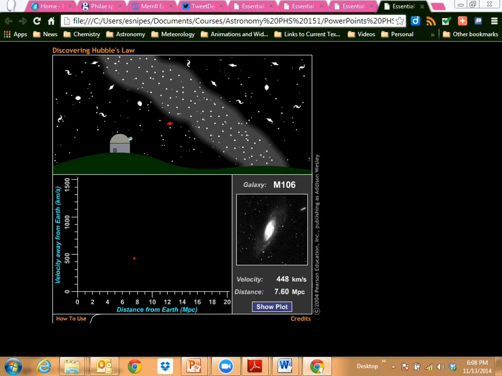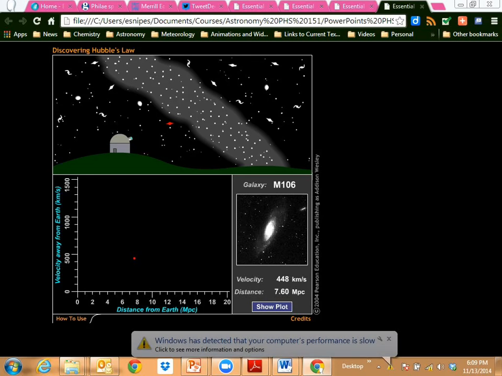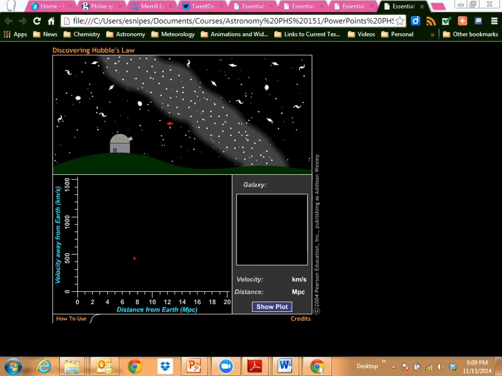Down here is important information. It says that galaxy is moving 448 kilometers per second from us, because we can use redshift to know how fast it's going from us. I'm going to show you how we get to this, or maybe not. But the distance between us in the Milky Way galaxy and that galaxy is so many parsecs.